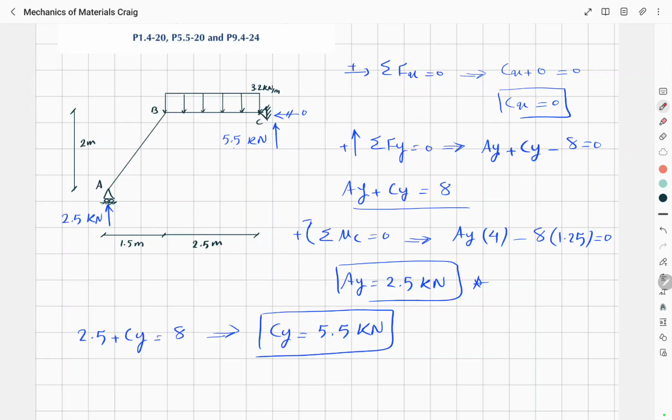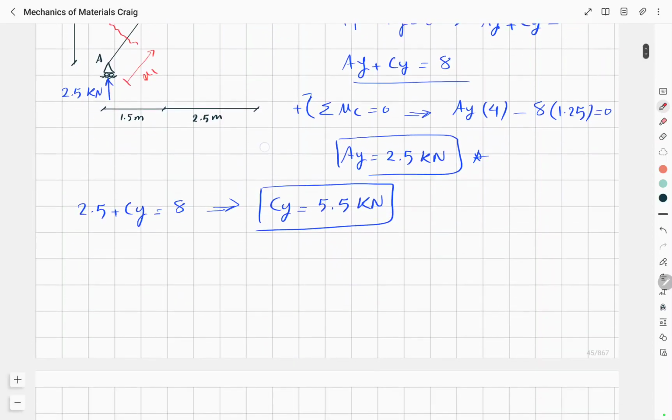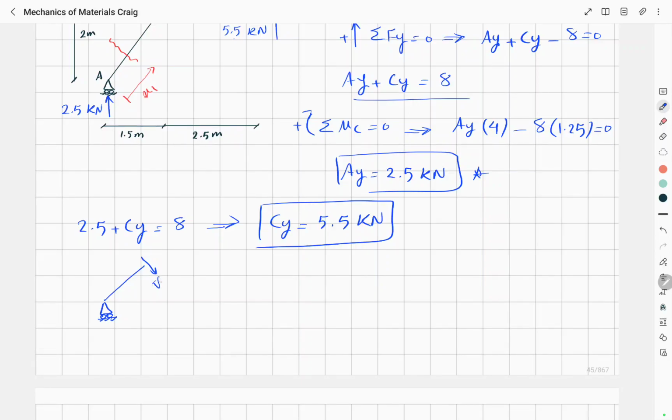Now let's cut the AB section from an arbitrary distance of x1. This is our V1, this is our F1, and this is our M1, and this was 2.5 kN. Now if we write the components of this force in this direction and in this direction, it will be like this.